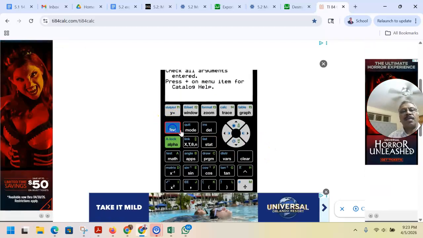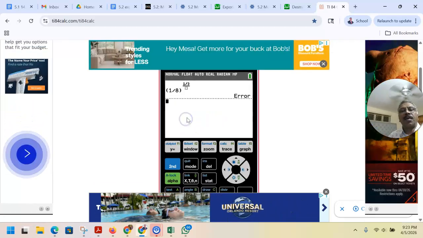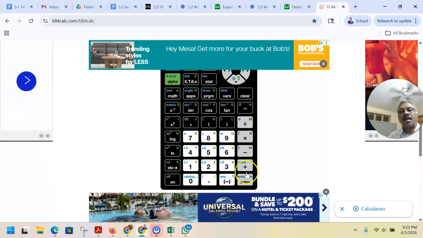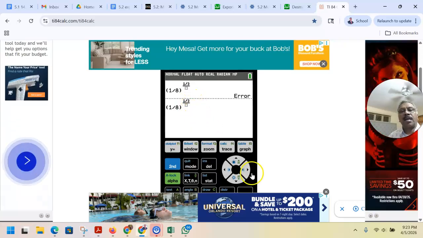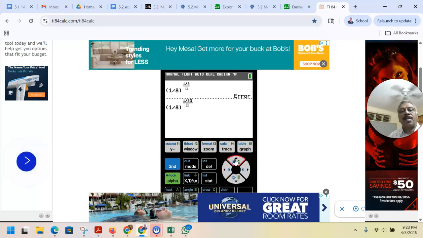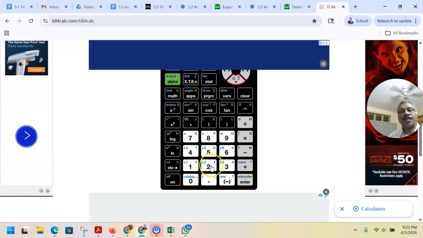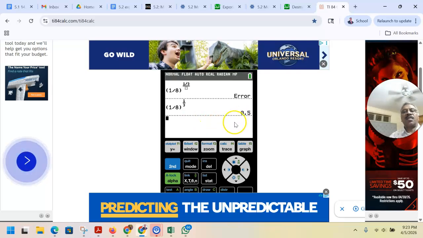I think I messed up. Let me see, what mistake did I make? Oh, I think I forgot to go up. So if you have it, you can go backspace and edit it. Go back here and go up, back, delete, go back, delete, go down and put 3, and enter, and you get 0.5, which is half.